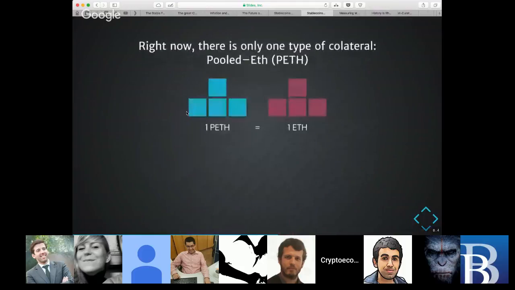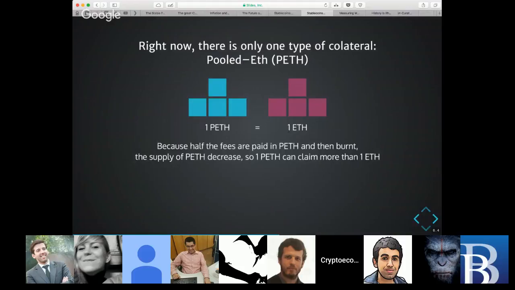As a consequence, you move away from the original ratio, which was 1 PETH equal to 1 ETH. But because half the fees are paid in PETH and then burned, the supply of PETH decreases. So 1 PETH can claim more than 1 ETH.